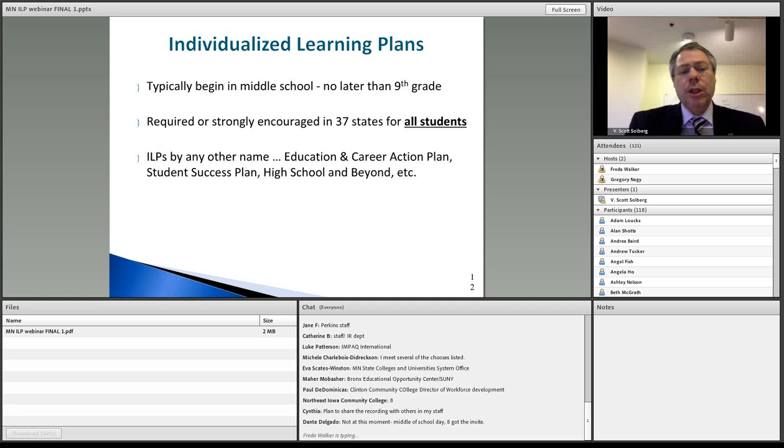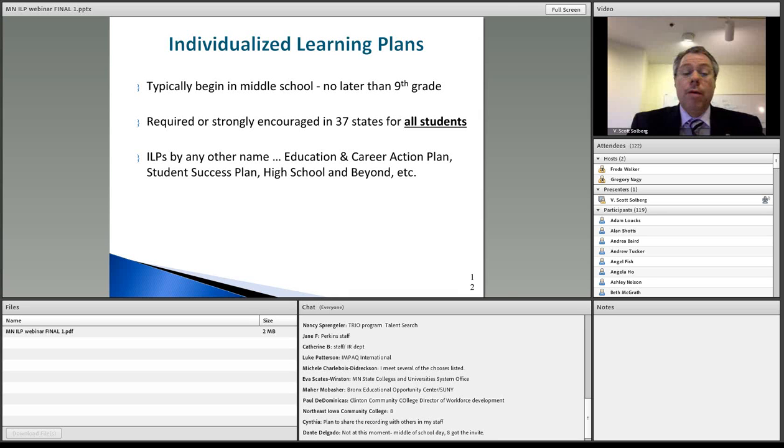So, the general idea of individualized learning plans. It's going on right now in a number of states and the District of Columbia, where they're either being strongly encouraged or fully mandated. Minnesota is one of the most recent states to put out a full mandate that all students will build an individualized learning plan.